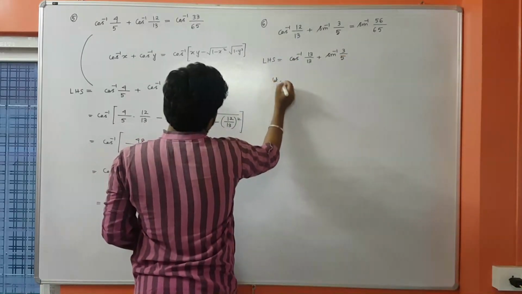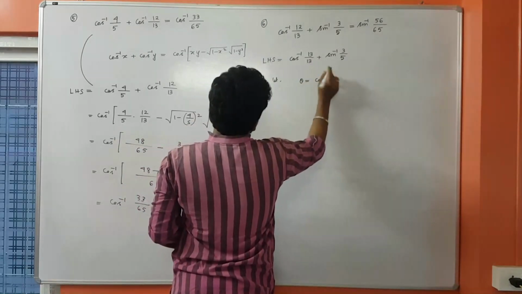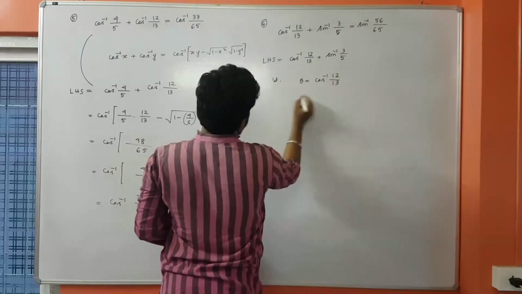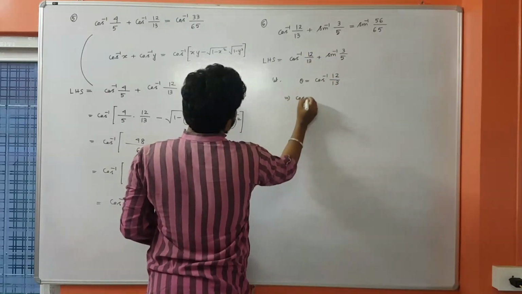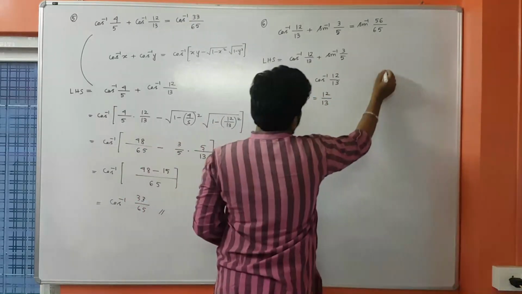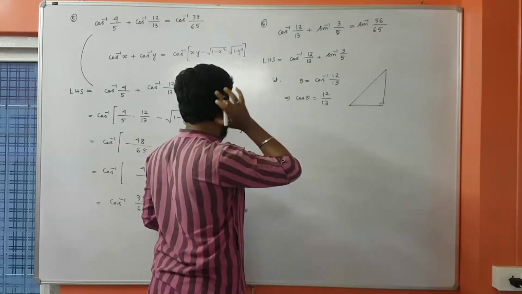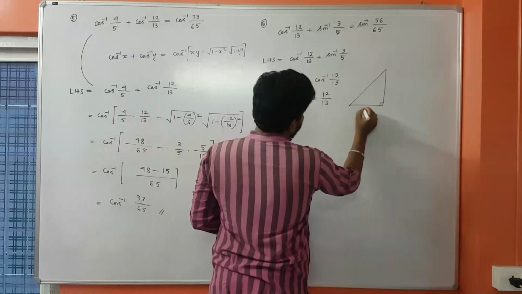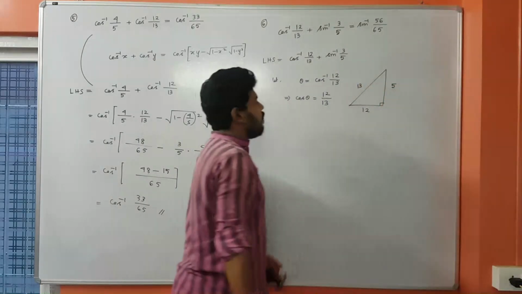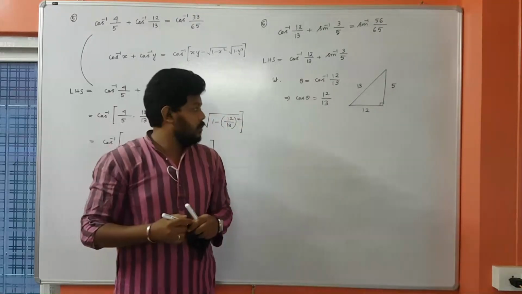Now, let theta be equal to cos inverse of 12 by 13, that is cos theta equals 12 by 13. Apply Pythagorean geometry. What is cos? Base by hypotenuse. This is 5 because 5, 12 and 13 form a Pythagorean triplet.